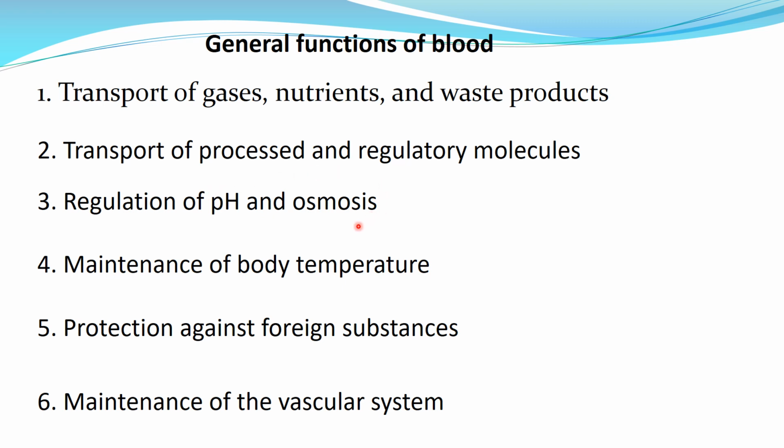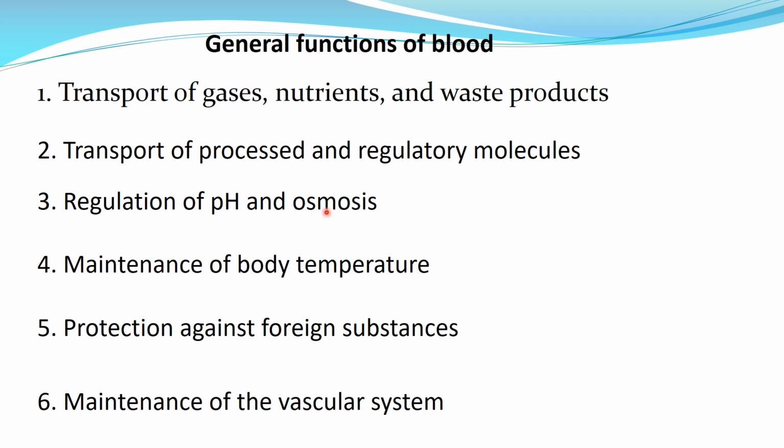And then, as you know, normally our body has a specific, let us say, osmolarity or osmosis. So, with the aid of the blood, we will explain this later. So, with the aid of the blood, the process of osmosis can be regulated.